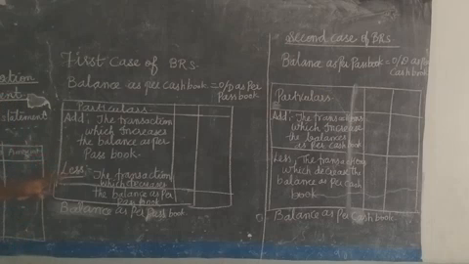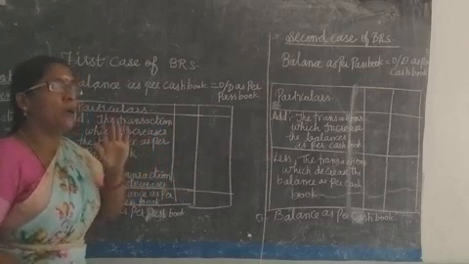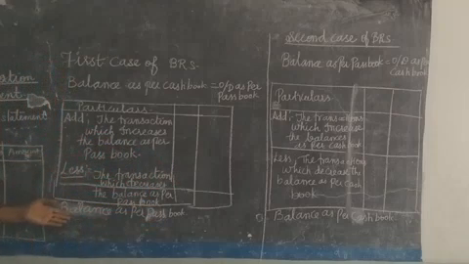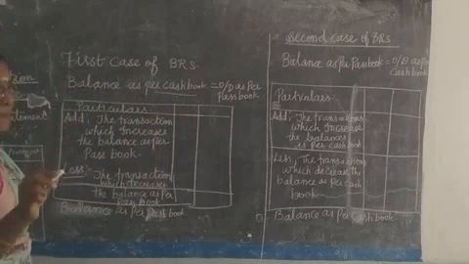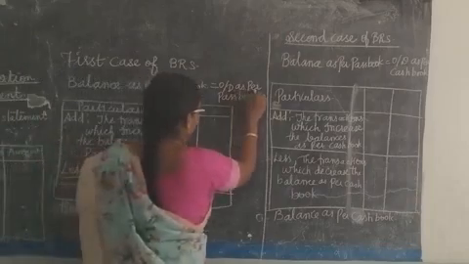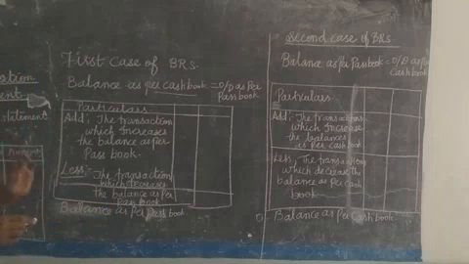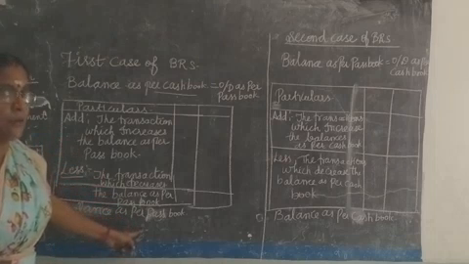See, in that first case, balance as per cash book and overdraft as per passbook, both are the same. For both, we are going to follow this method. That is, add if they have given balance as per cash book. Suppose they have given balance as per passbook, what are all the items to add? The transactions which increase the balance as per passbook, because which balance are we going to derive?